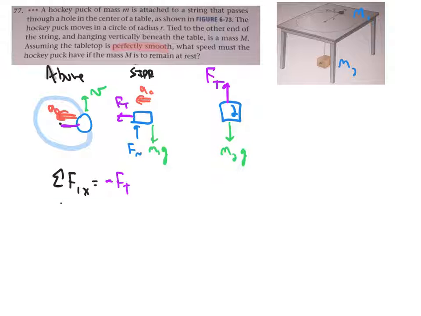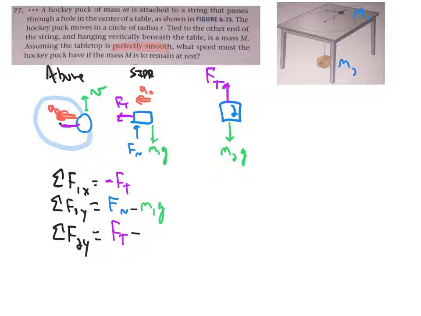And then vertically on box 1, there is a normal force minus the weight, and on block 2, which is only in the y direction, there is a tension minus the weight of box 2. And all of these things are from the free body diagram.